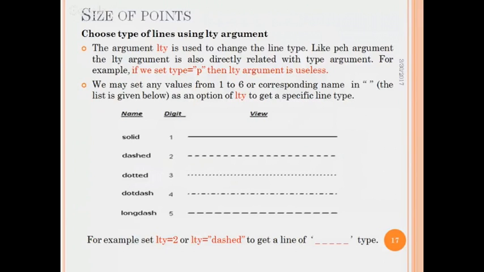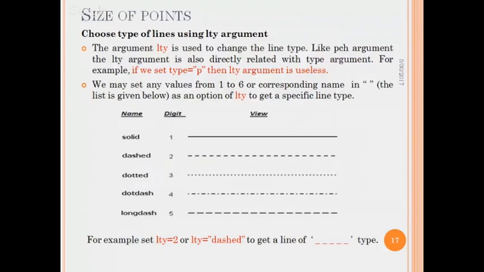You can make changes. You can make it 2, 2 for dashed line. You can make it 3, 3 for dotted line. Dash dot will be displayed using 4. And if you want bigger dashes, where the size of the dash is comparatively large, in that case you can use long dash.